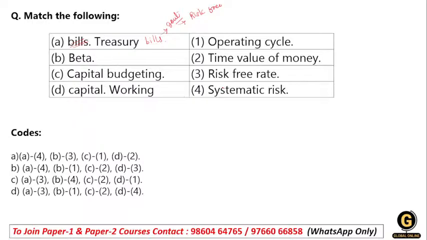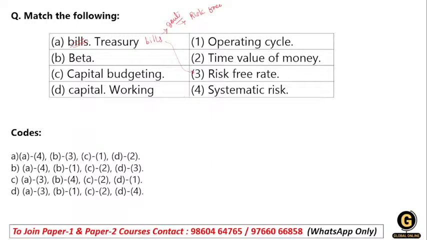Treasury bills are government backed and virtually risk free, making them the standard for the risk free rate in finance. That's why you can match treasury bills with the risk free rate. So option A is matched with the third one.